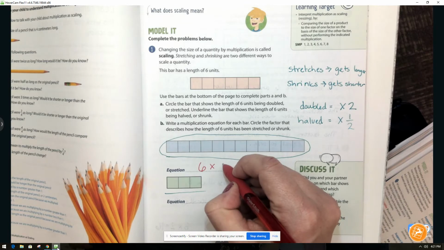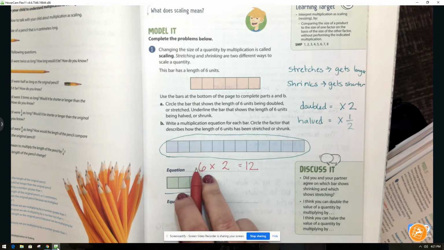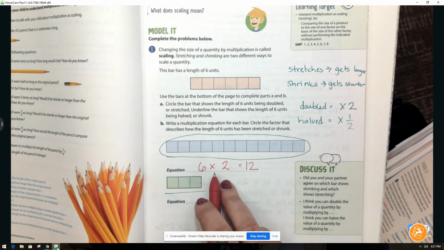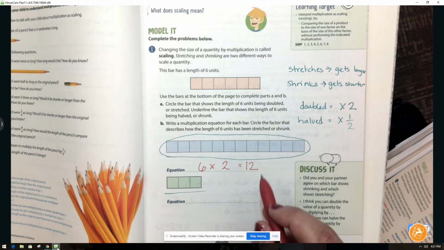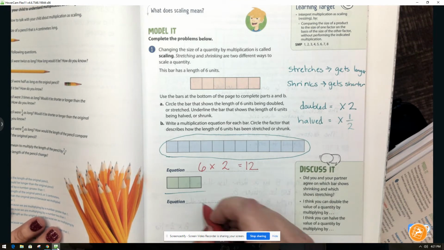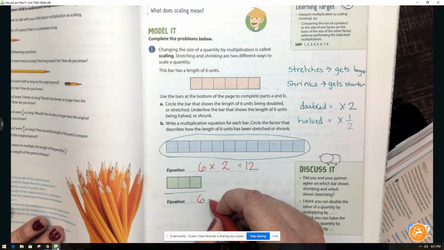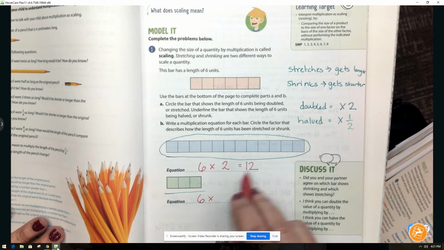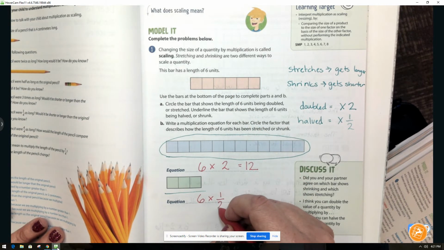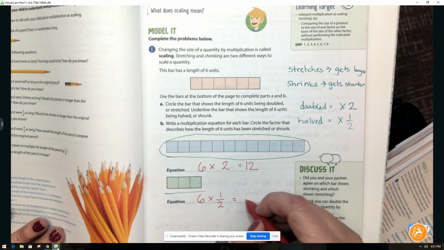That's right. We're going to multiply it by 2, meaning that the 6 is being doubled. And then in this picture, we're going to start with 6. And what are we going to multiply this 6 by? Well, we're cutting it in half, so we're going to multiply it by a half, which means 6 times a half equals 3.